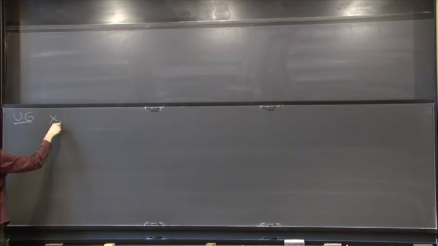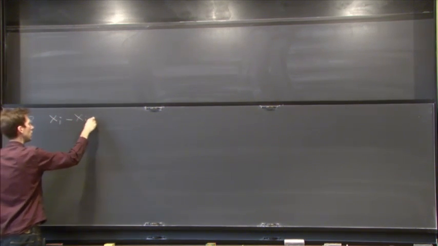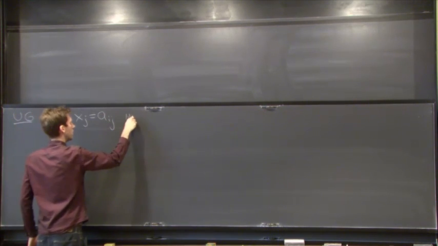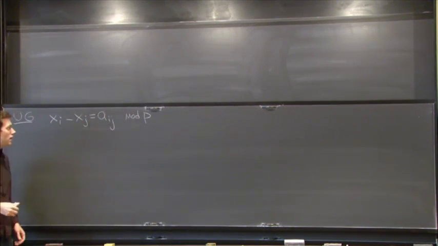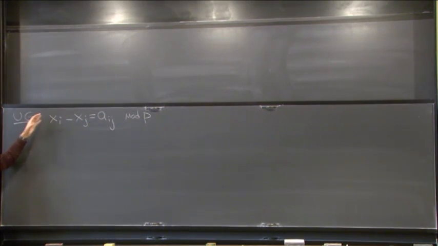So one of the first motivations for this is the unique games problem, which I imagine many of you have seen before. If you haven't, then a representative example of it is: given a system of equations of this form, how many of them are solvable? If they're all solvable, to determine if you can solve all of these equations simultaneously or not is easy because it's linear algebra over a finite field.